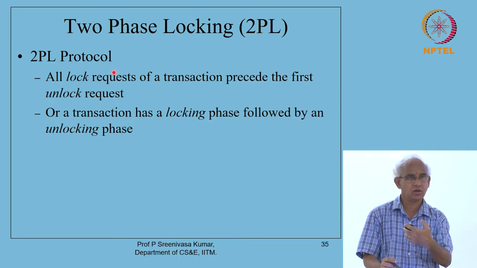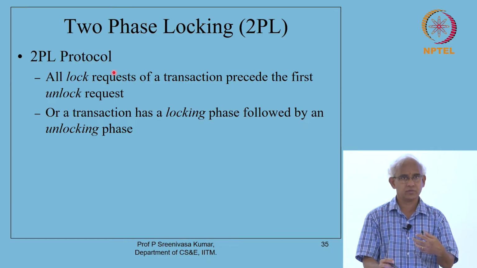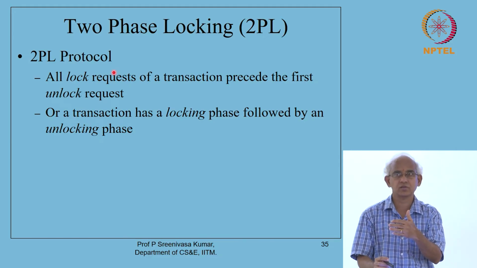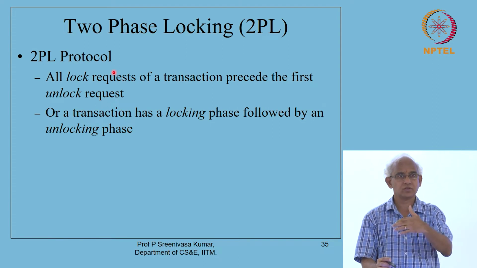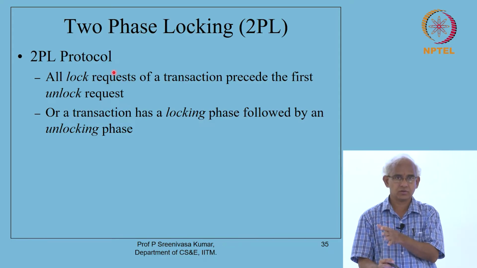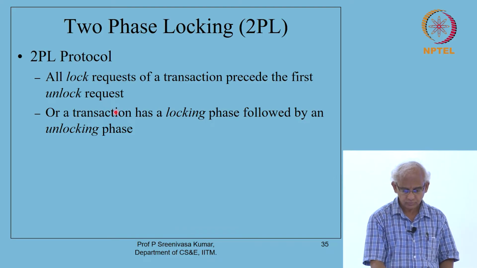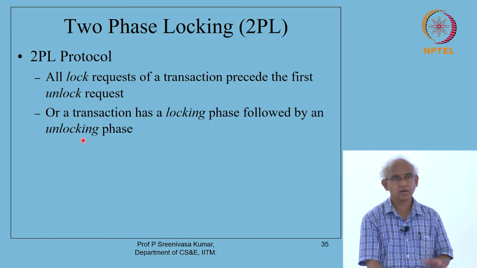You keep asking for locks and simultaneously operate on those items, because once you have acquired a lock, you can operate on the item. Keep on doing that, but don't release locks if you still intend to ask for one more item. The first time you release a lock, after that you cannot again ask for locks. You keep on unlocking only. That's what this protocol says. A transaction has a locking phase followed by an unlocking phase.